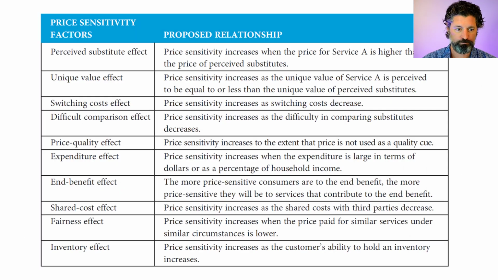So that is sort of the example of a pure commodity that would have a perfectly flat demand curve. There are lots of factors that impact the slope of the demand curve. So whether or not something has a viable substitute, whether or not we use price to infer quality, whether there's a switching cost involved.